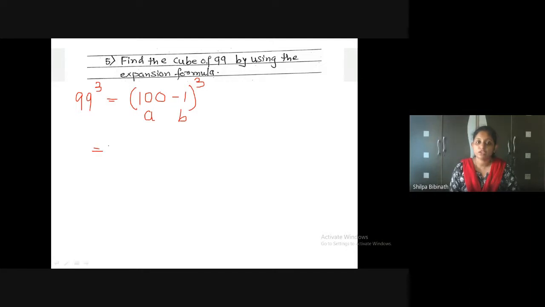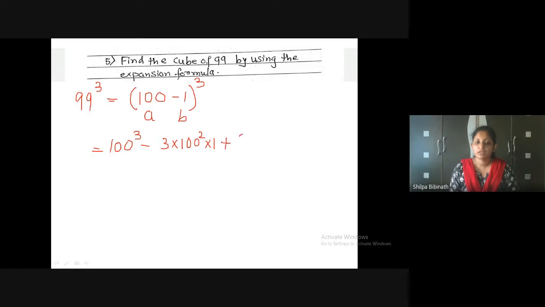First is a cube. So that is 100 cube. 100 cube minus 3a square b. So it will be a is what? 100. 100 square. B is nothing but 1. Plus, here it will be always positive.